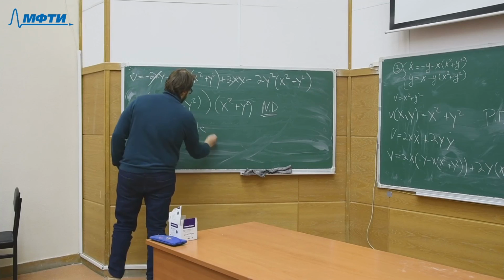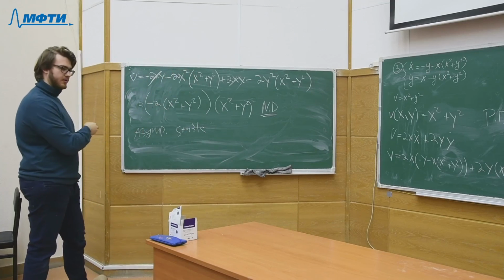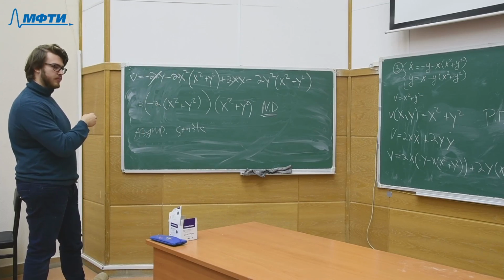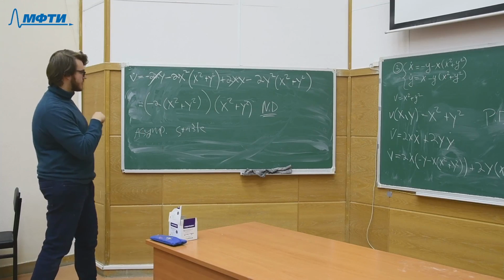How do we check if it's asymptotically stable? If V is positive definite and V dot is negative definite, then it is asymptotically stable.